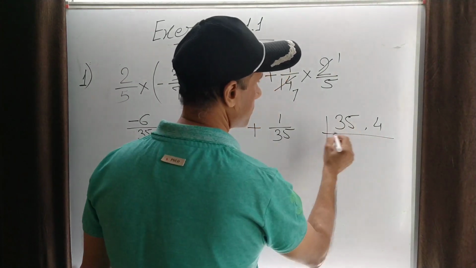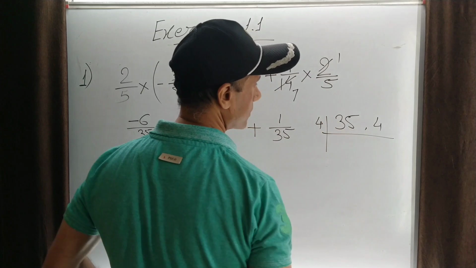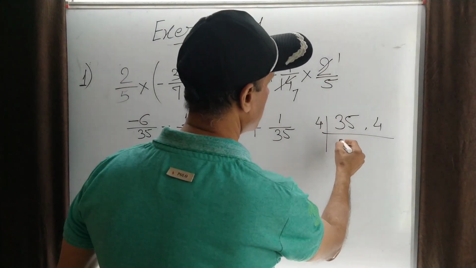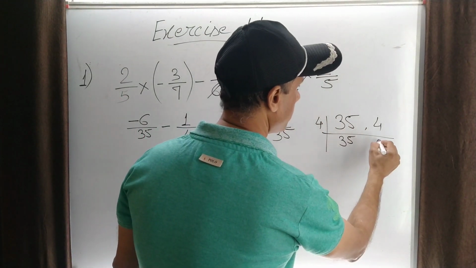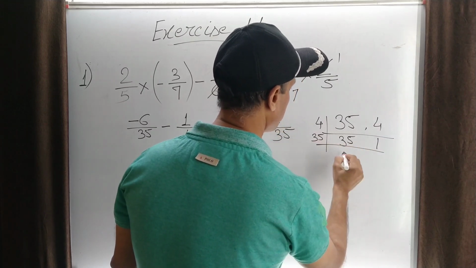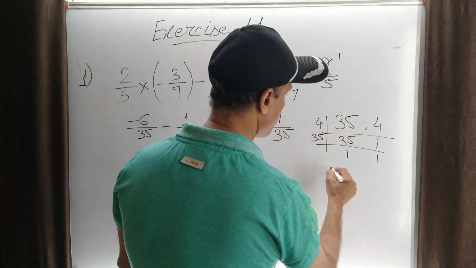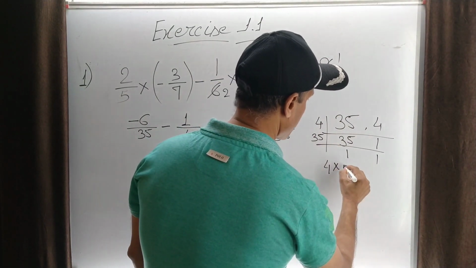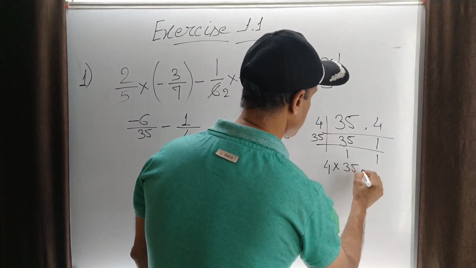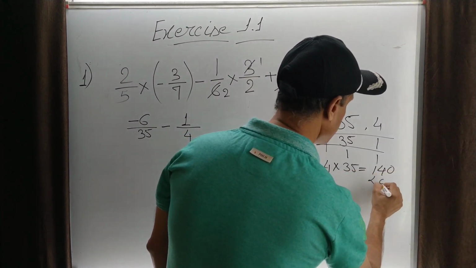You divide by 4, and 35 is not divisible, so here 35, here you get 1. Again you divide by 35, so you get 1, you get 1. So LCM is basically 4 into 35, which equals 140. So 140 is the LCM.